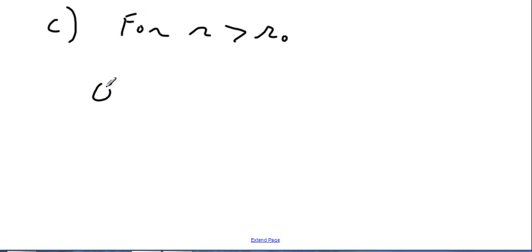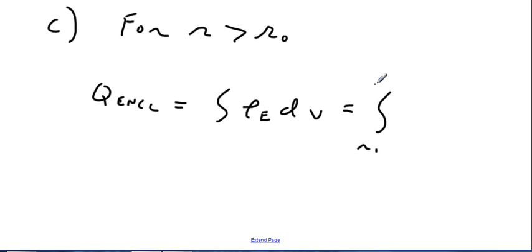The amount enclosed is the integral of the density d volume, integral from R1 to R0 of rho naught R1 divided by R prime, 4 pi R prime squared dR prime.